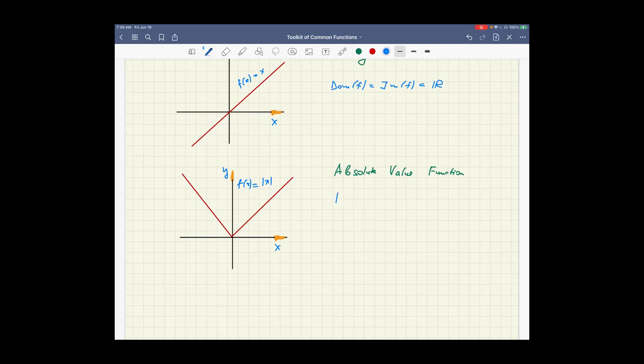Absolute value is defined for all real numbers, and absolute value is always non-negative. So the image is all real numbers greater than or equal to 0, or simply the interval from 0 to infinity, including 0.